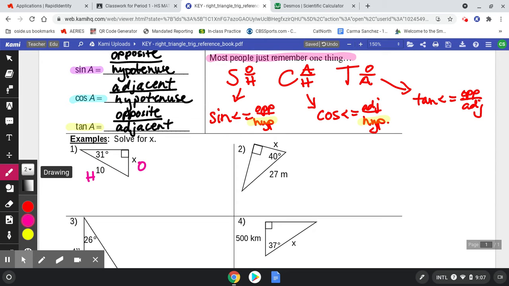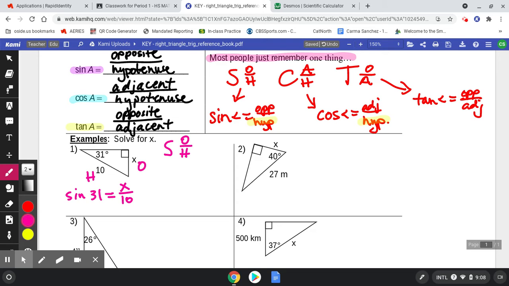So I'm able to go ahead and set it up using the O and H, which happens to be the sine of Sohcahtoa. We set up the ratio as the sine of 31 degrees is equal to the opposite over the hypotenuse. Notice where the 31, the angle, goes in. Notice where the opposite went in, which happens to be our variable, and notice where the hypotenuse goes in.